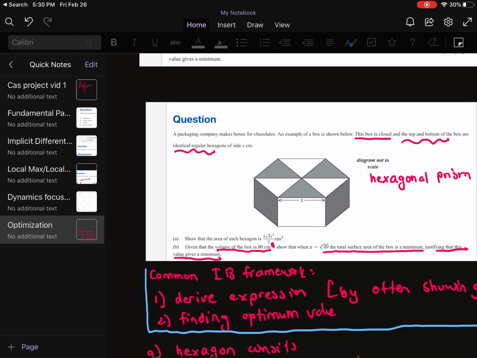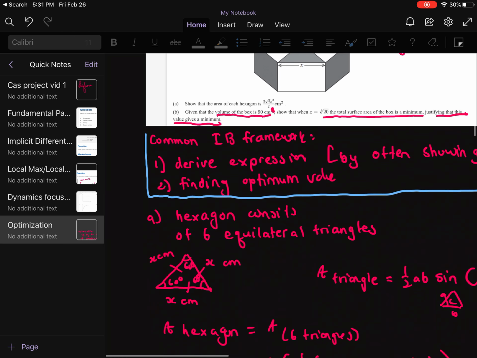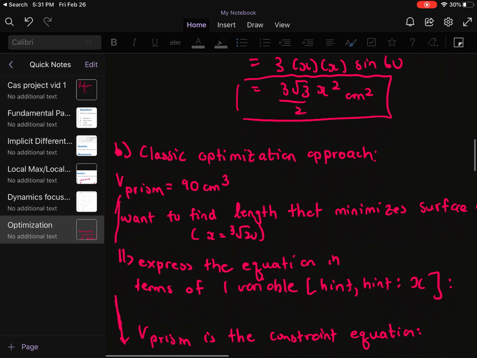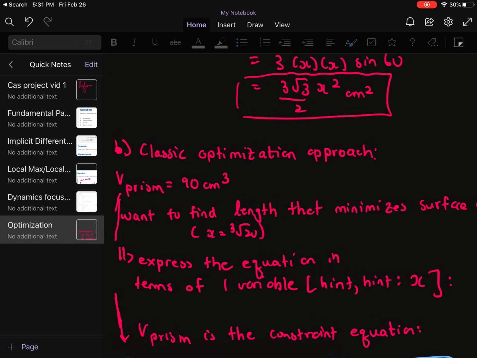Now, you can't straight up say, oh, it's h, because when you try to differentiate with respect to x, you're going to have to write it as dh by dx instead of an actual quantity. So that's why they've given you the volume of the prism, because it's a constraint equation. So you've been given that the volume of the prism is 90 centimeters cubed.